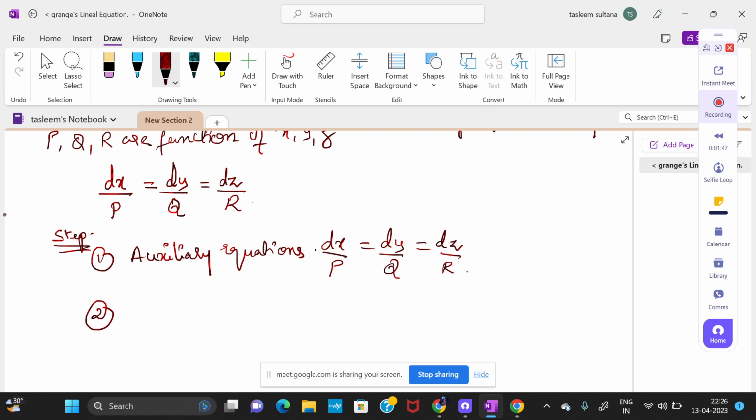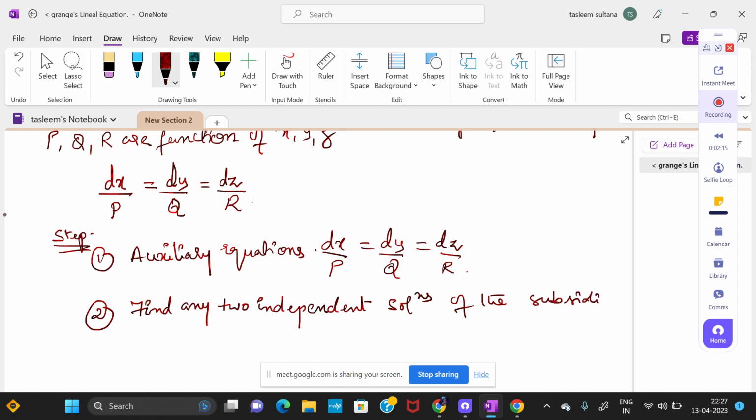and you're going to find a and b. Find any two independent solutions of the subsidiary equations.